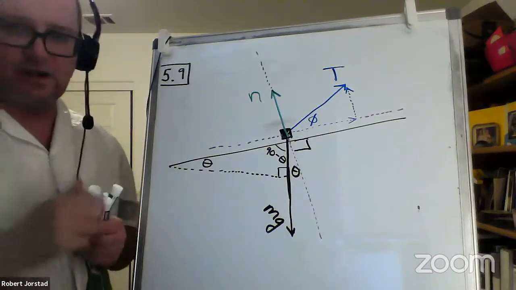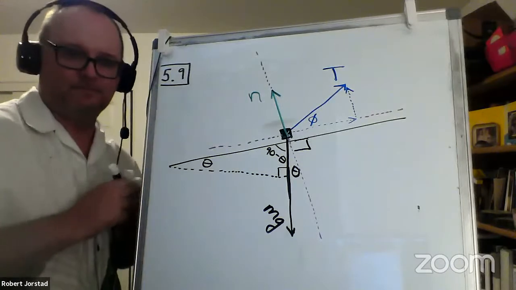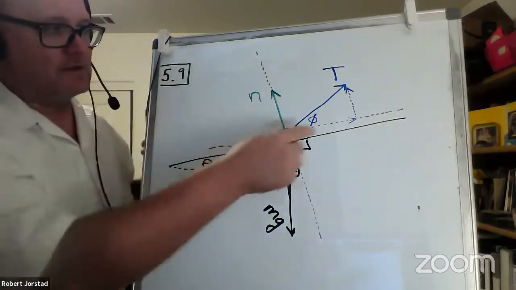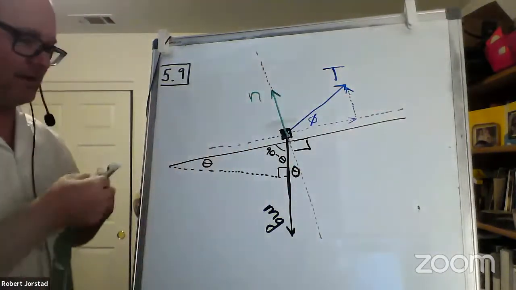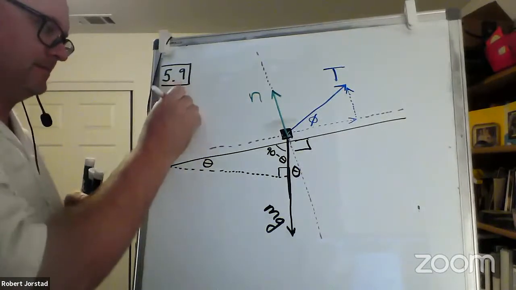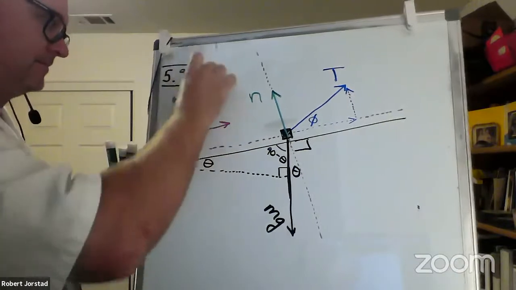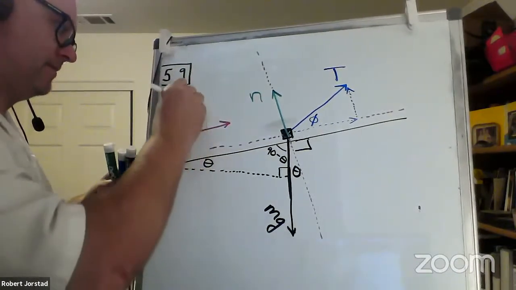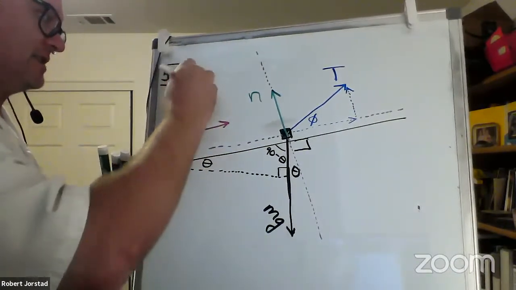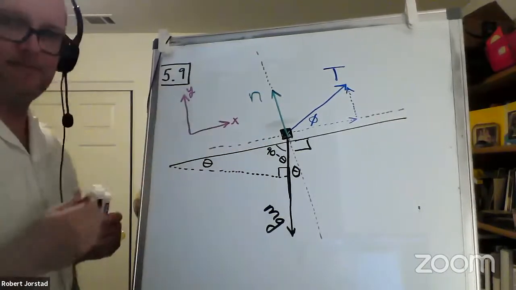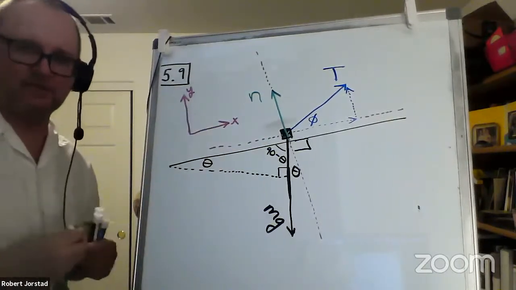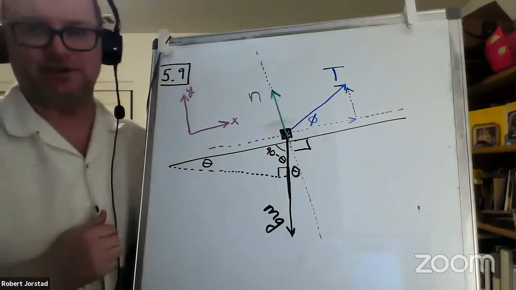Okay, so before we go on, if I want to use this as my coordinate system, I'm going to draw it over here. I'm trying to use this as X and this as Y. What's the acceleration in this particular problem? Do you know?